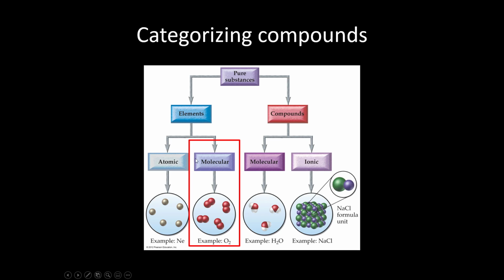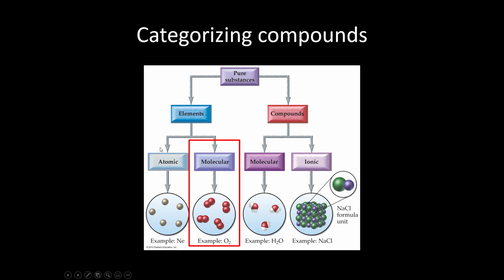You should be able to categorize things into these 4 different kinds of pure substances. I'm not quite as sure that I'm going to have questions specifically on this as I was with the other ones, mainly just because this kind of comes up again with the naming. But it is definitely something that you should be able to do.